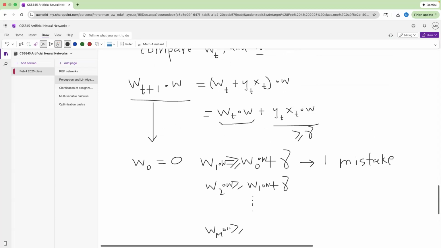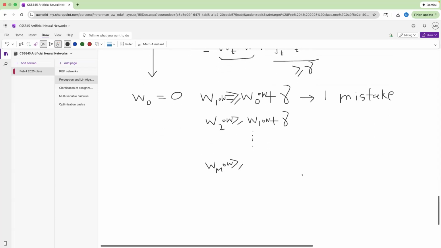So the dot product between the mth weight vector after m iterations or m mistakes and W is greater or equal to what? What will be this lower bound here? Anyone? What can we write on the right hand side?